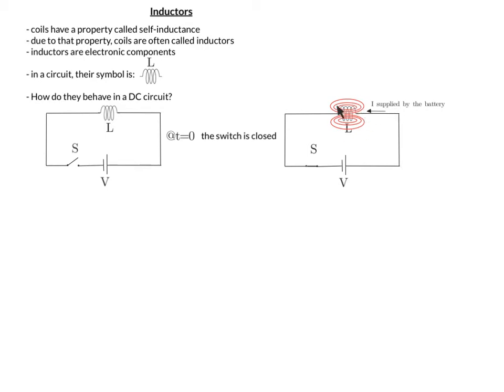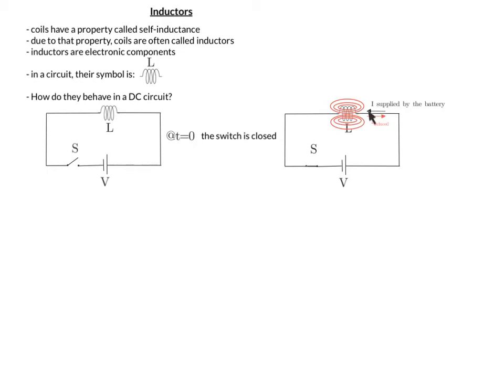All of a sudden, this inductor will feel that something has changed through its coils, and it will react to that. It doesn't like the change, so it will produce a magnetic field so that the induced current matches the current supplied by the battery identically.